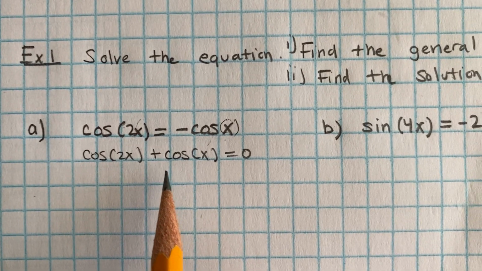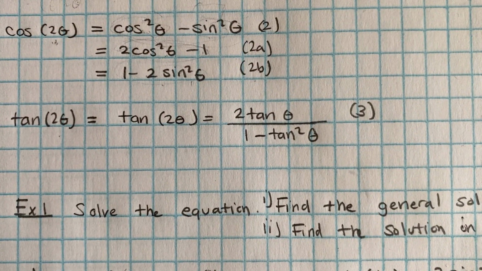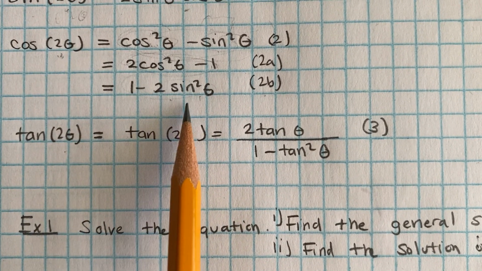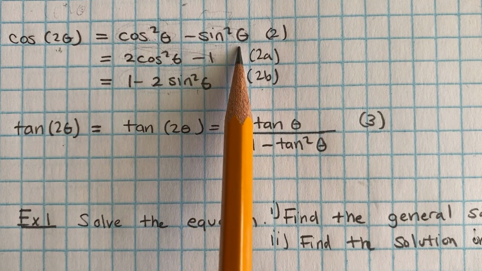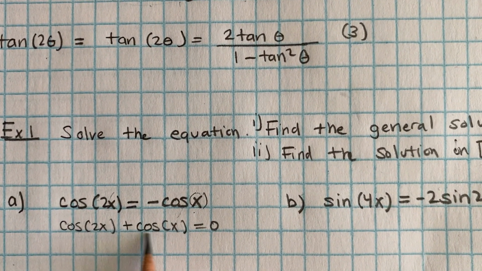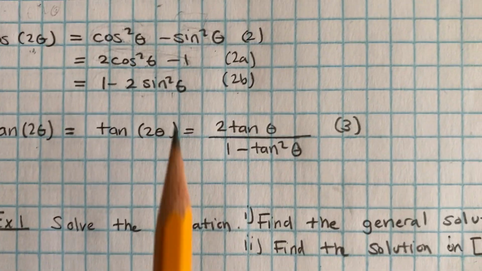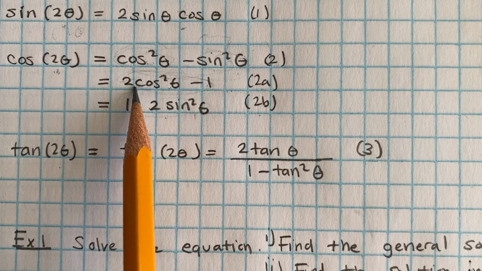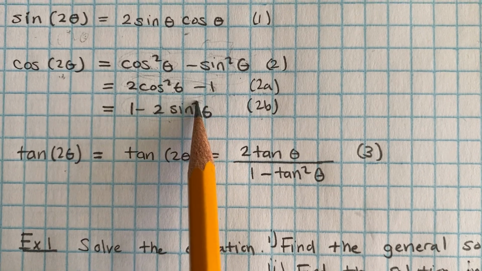If you take a look at your 2 or 3 forms of your double angle formulas, I want to substitute one of these, right? If I substitute the first one, I'm still going to have a sine squared. I don't want that. My current equation has everything in terms of cosine. So form 2a would be the best form to substitute into this.